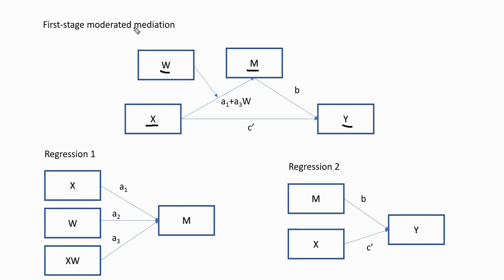The reason why this is called first stage moderated mediation is because w is moderating this first path. If we had second stage moderated mediation, then w would be moderating the B path instead of the A path. It's also possible to have both first and second stage moderated mediation, but obviously we're not going to be working with that in this presentation.